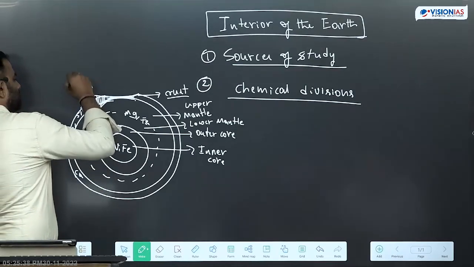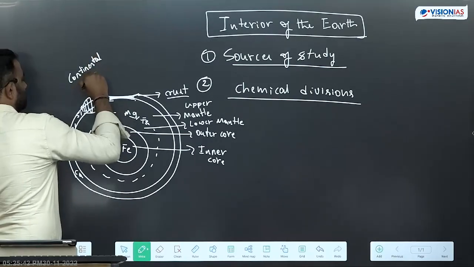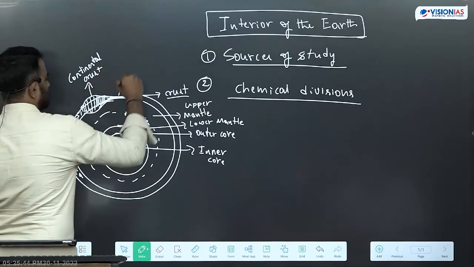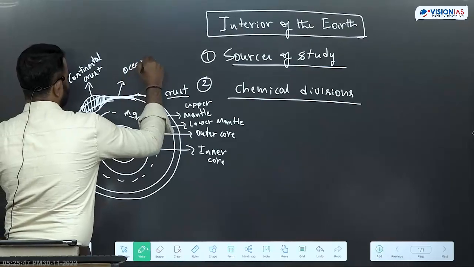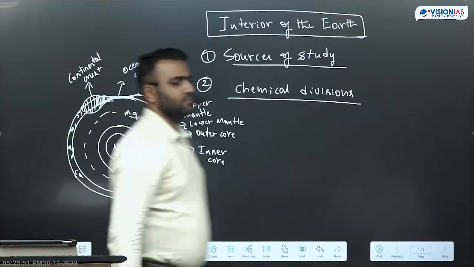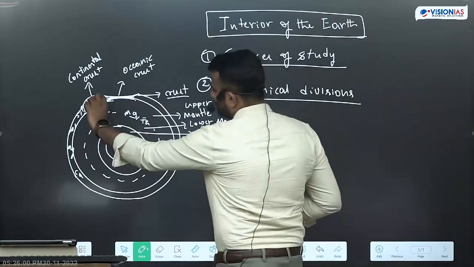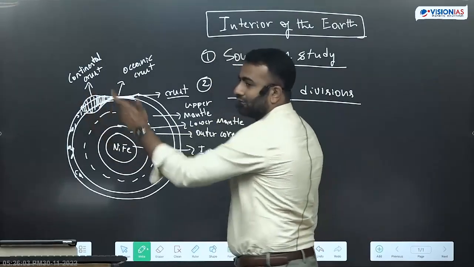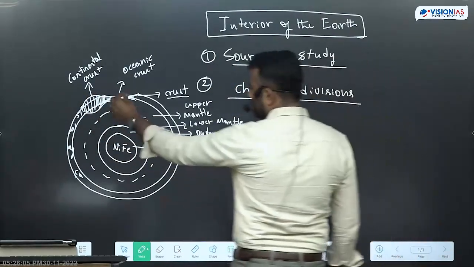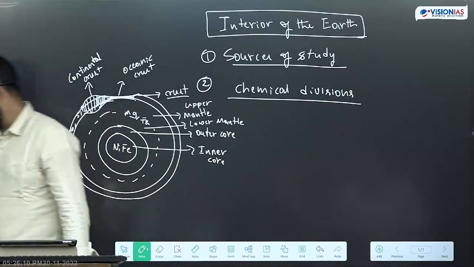This is what we call continental crust. This is called oceanic crust. Crust is a single layer only, but the single layer is made up of different material in different locations. In some regions it is very thick, which we call continental crust. In other regions it is very thin, which we call oceanic crust.